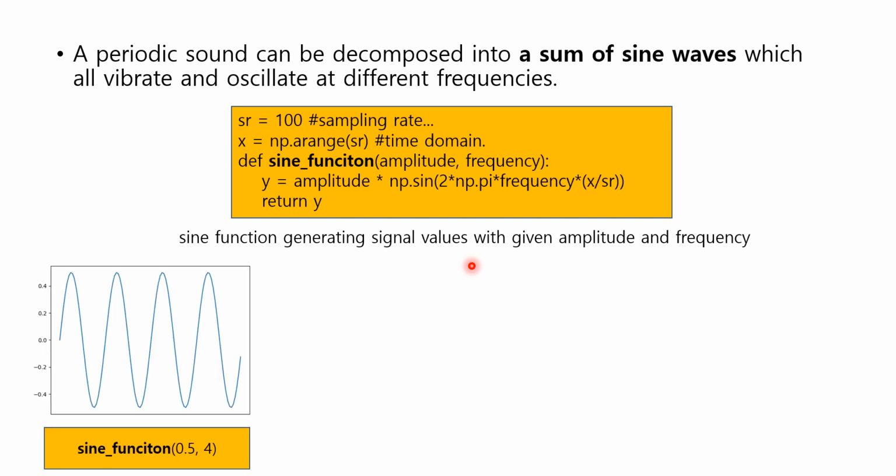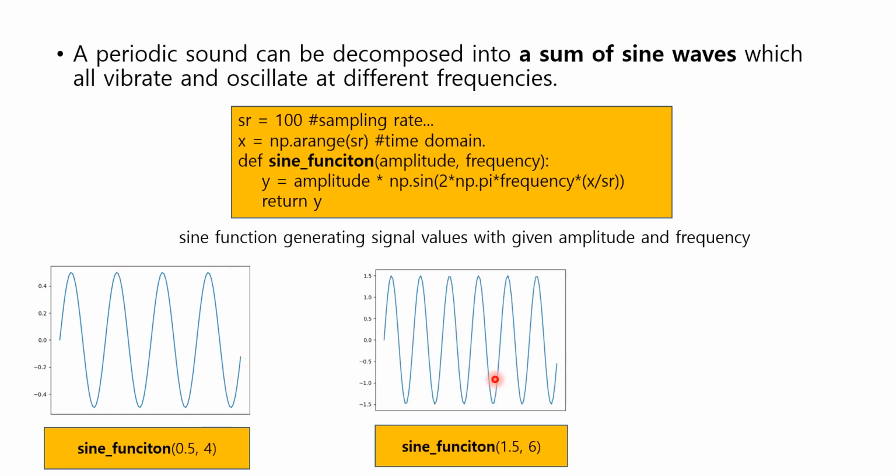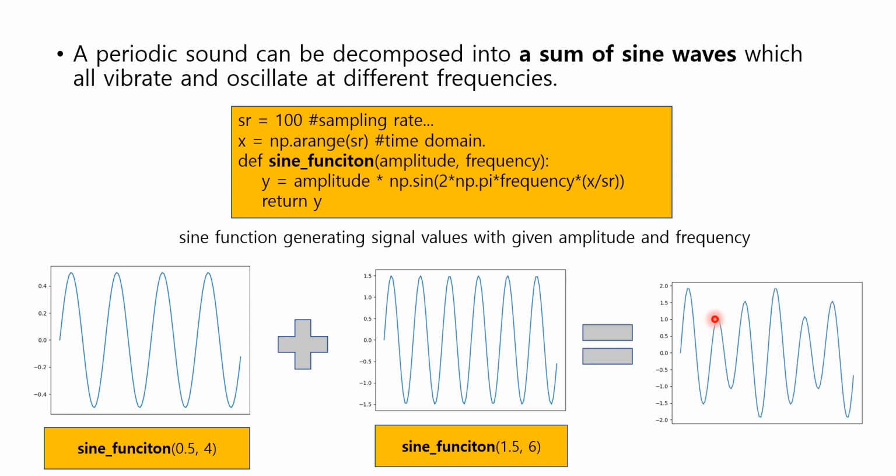So the sine function with amplitude 0.5 and frequency 4 looks like this, and the sine function with amplitude 1.5 and frequency 6 looks like this. If you add them, it returns a sine wave looking like this. So any given signal can be decomposed into a sum of sine waves.